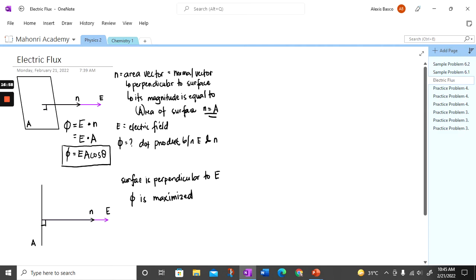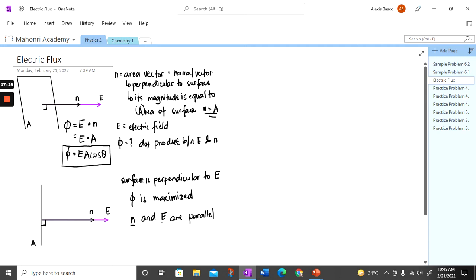So when my surface is also perpendicular to E, my electric flux is maximized, meaning I have the maximum amount of electric field that could pass onto my surface. What this means is that my N and E are parallel to each other.